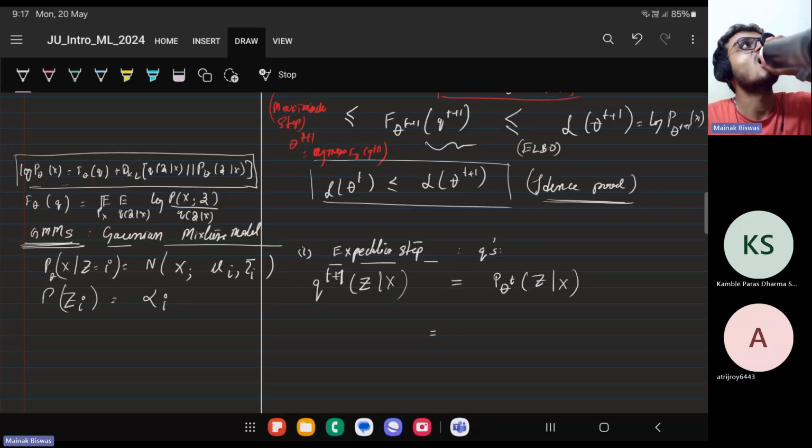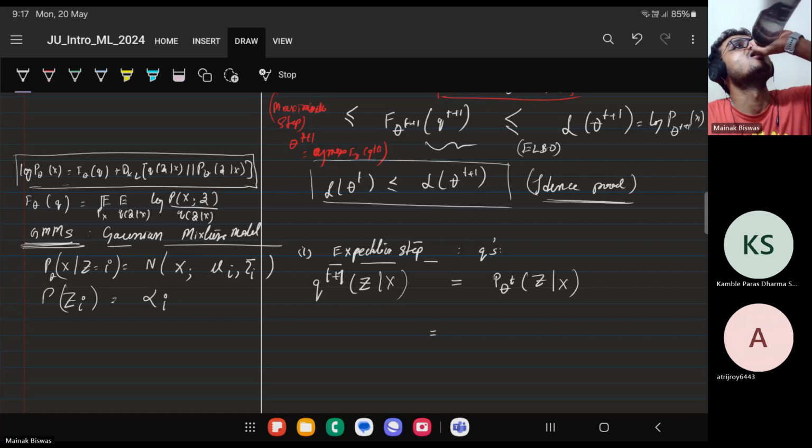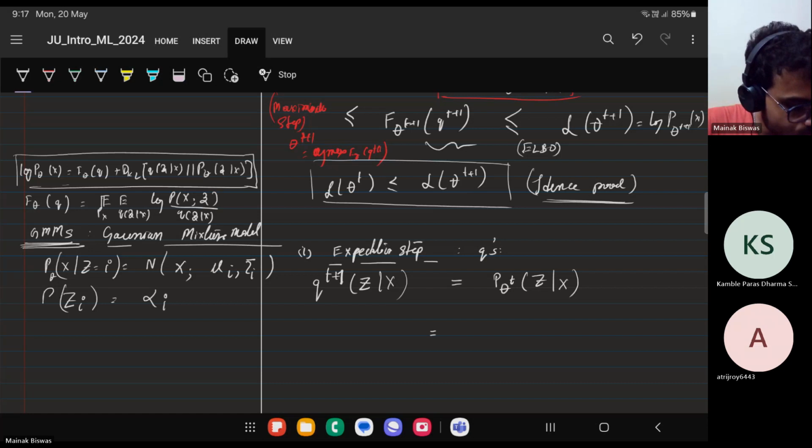It will be the sum over all. Otherwise, this would not have been a random variable. It's a conditional expectation in x, so it would have been dependent on x, which it is not.